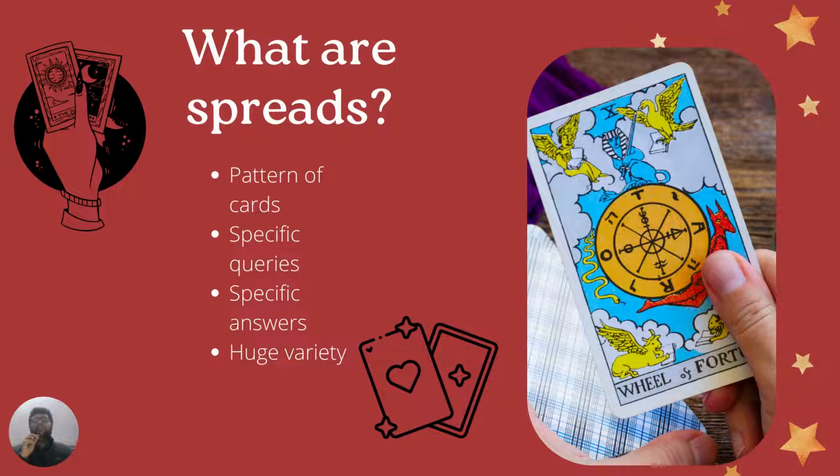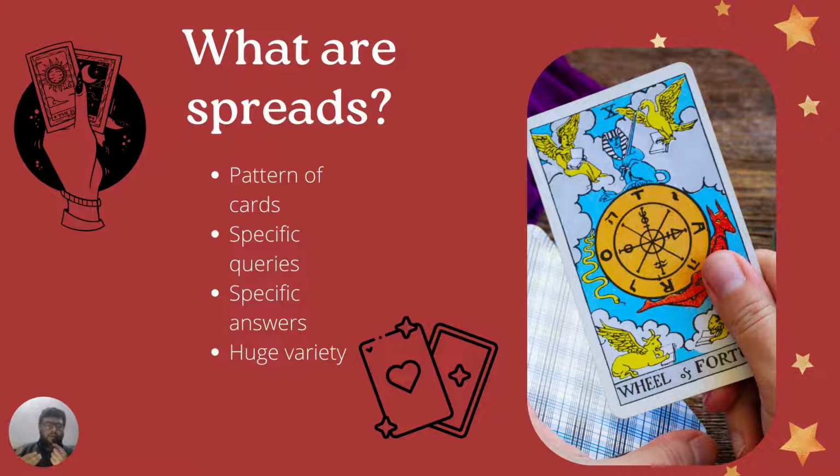So our first question is, what are spreads? See, spreads are patterns of cards. Like you have 78 cards in tarot, but not each and every card is used to answer a query or give a reading. So what we do, we either use one card, two cards, three cards, up to any number of cards like 14, 21 cards, and arrange them in a certain fashion, and then give the answer for the query.